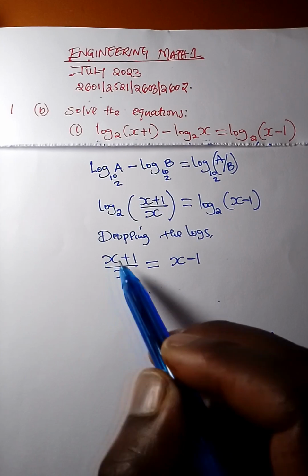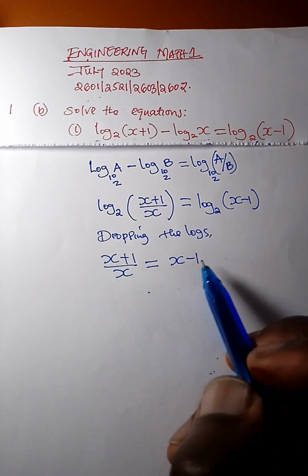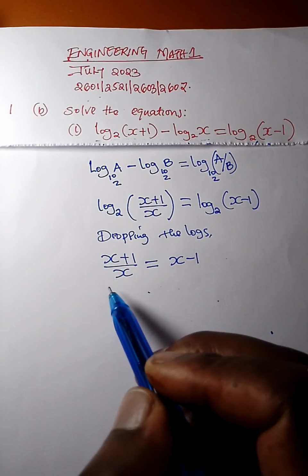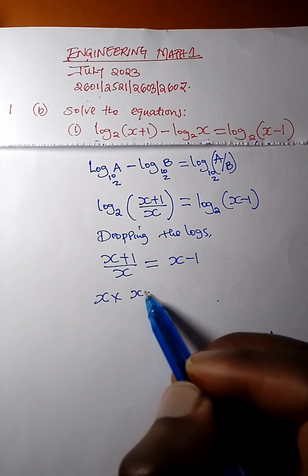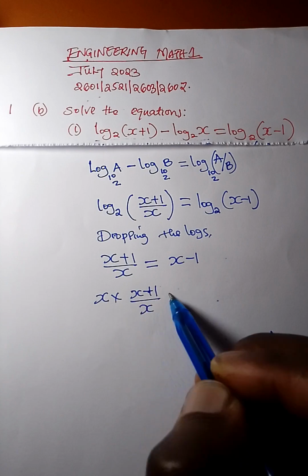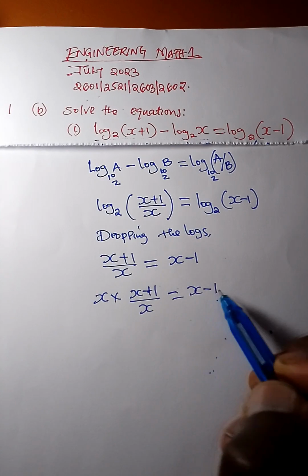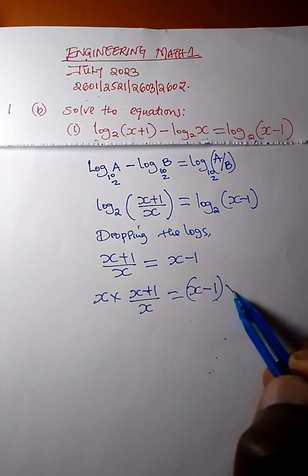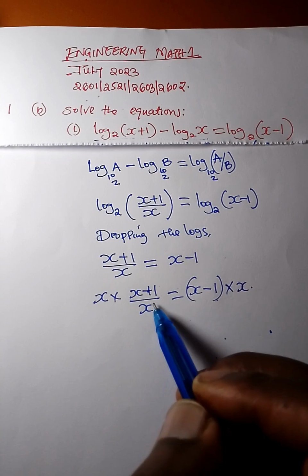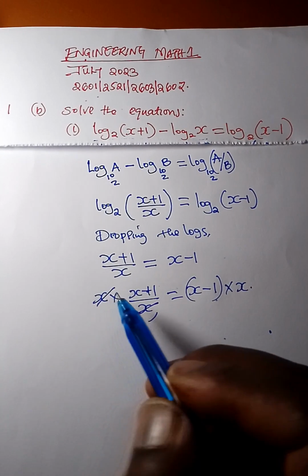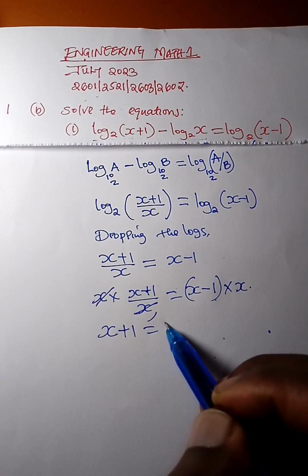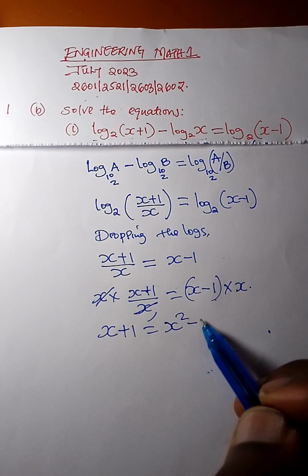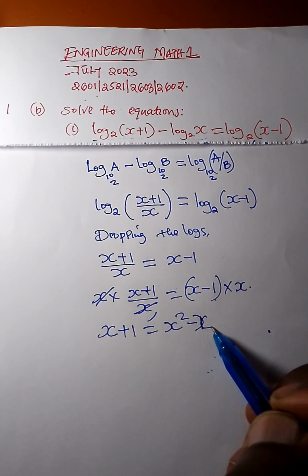So we multiply the right hand side of the equation and the left hand side of the equation by x. So we shall have x times (x plus 1 over x) is equal to (x minus 1) multiplied by x. So this and this cancel, so we shall remain with x plus 1 is equal to x squared minus x.